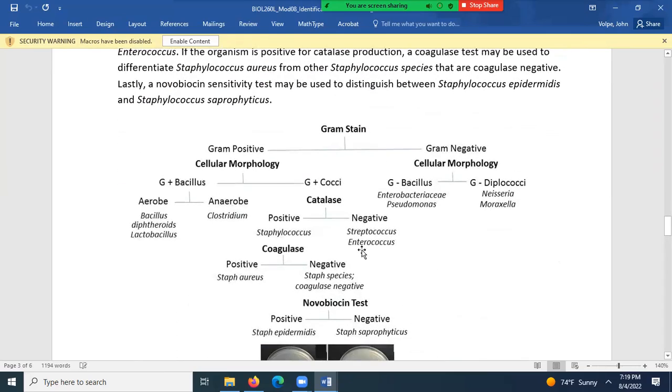I don't know if it's this one or similar to this one, but we have the gram stain. And here we're only looking at the gram-positive cells, but that crosses out the gram-negative. And then for the gram-positives, we do the cellular morphology. There will be a gram-positive bacillus and a gram-positive cocci. And if our unknown is a gram-positive cocci, we cross out the bacillus.